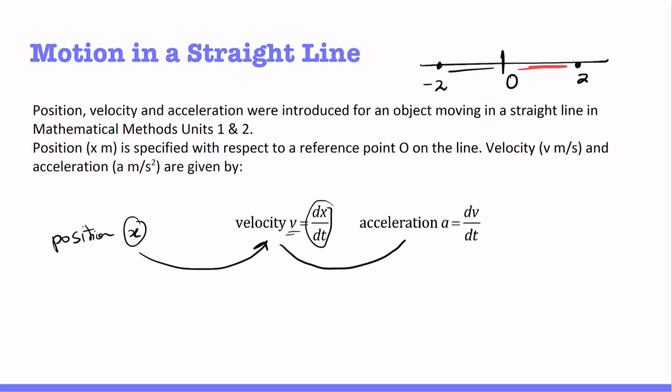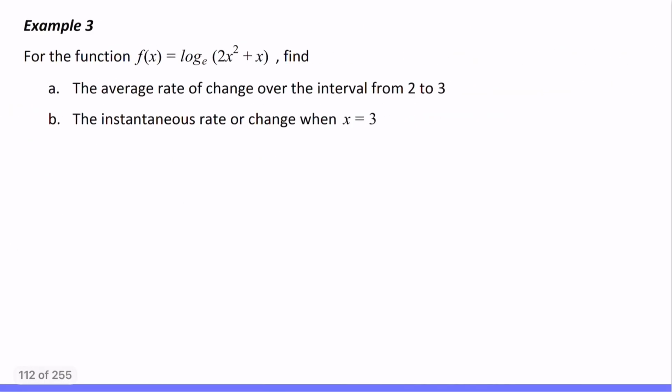And then the derivative of that actually gives me the acceleration. So acceleration is the derivative of the velocity with respect to time. So to move between position, velocity, acceleration, you just need to derive. And when we go to integration, you will need to antiderive to go backwards, which we'll talk about later on. So as long as you remember those three, we can then go ahead and apply it.